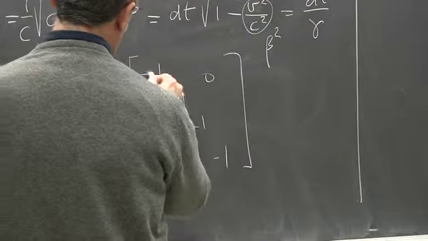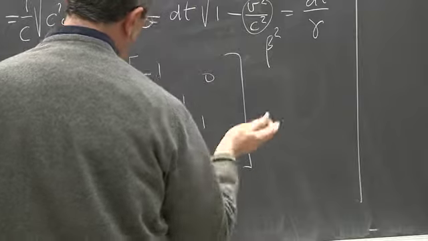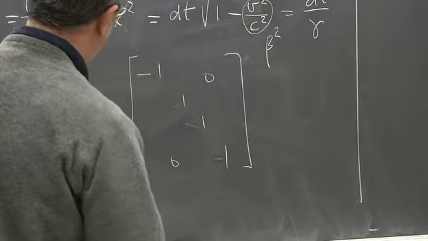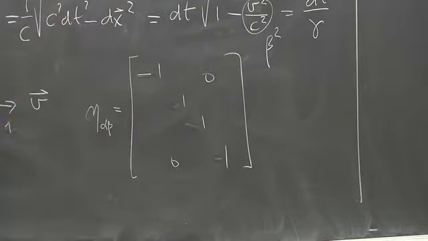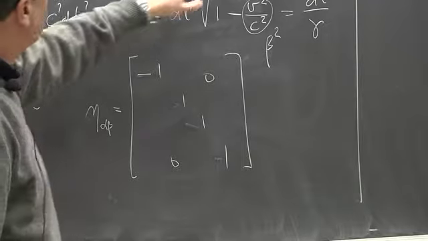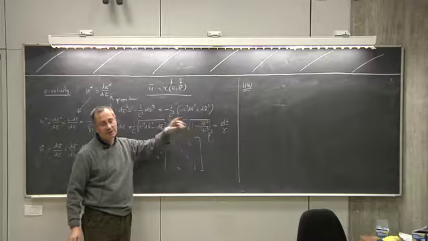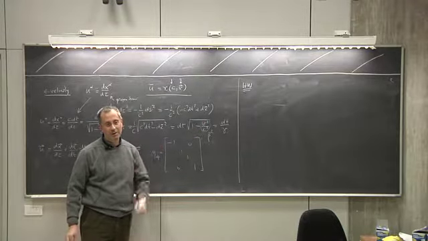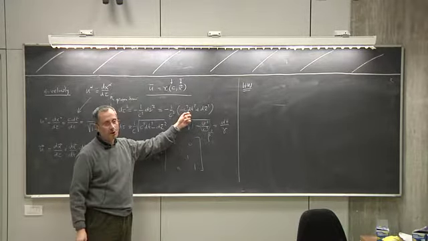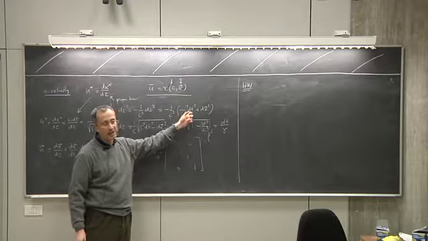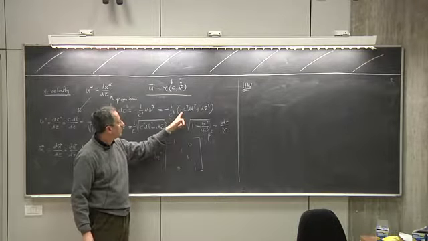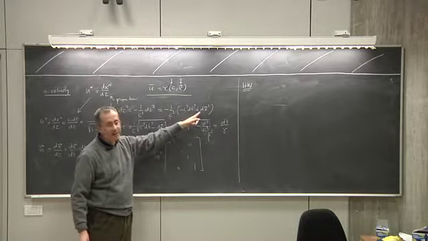I suggest you stick to this, but this other one has the wrong sign on the time and the right sign on the space. So in a way, it reminds you that the odd guy is the time. The other one would be just the opposite: you have this positive and that minus.